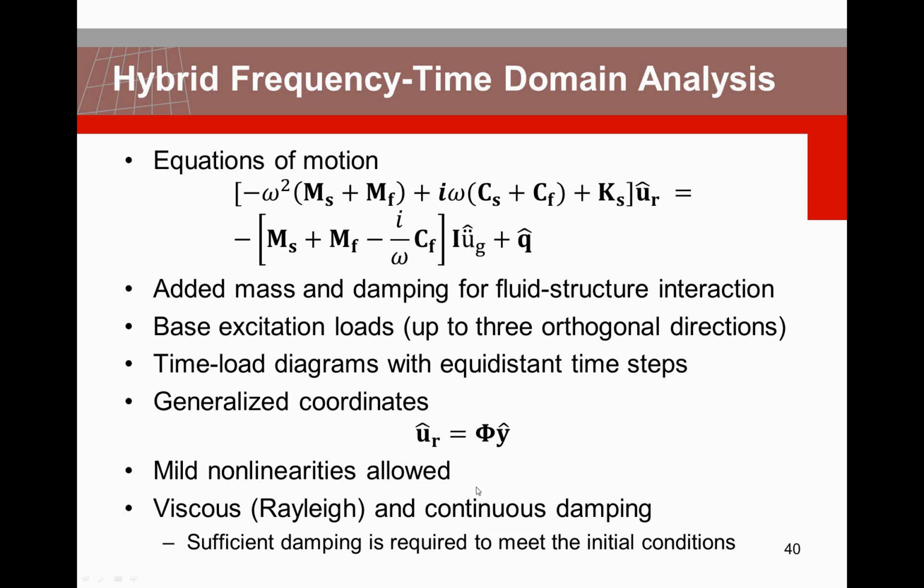So what we do, we use the mode shapes. Instead of, say, 100,000 degrees of freedom, we are going to use 50 modes or 100 modes, and we can solve this equation for just, say, 50 degrees of freedom, making use of the mode shapes.